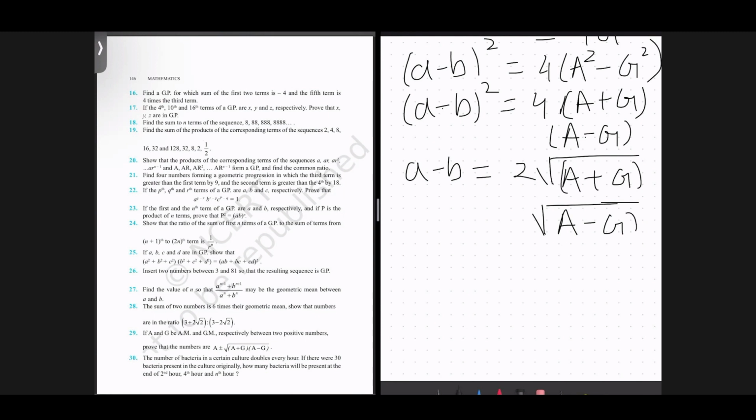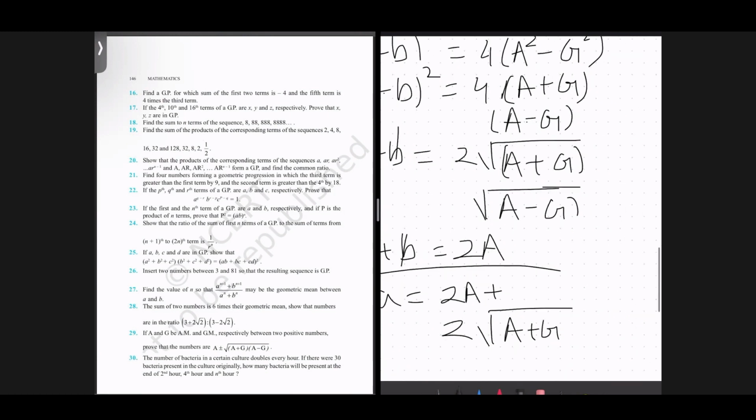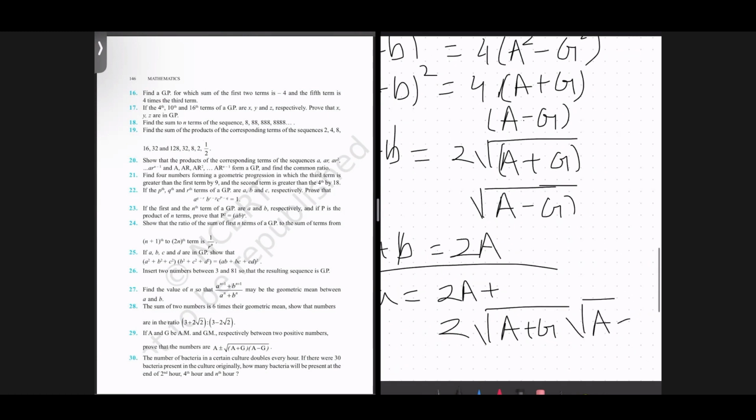And we have also found out that a plus b is nothing but 2A. Adding both these equations up, b gets cancelled, and you get 2a equals 2A plus 2 times under root of (A plus G) into (A minus G).